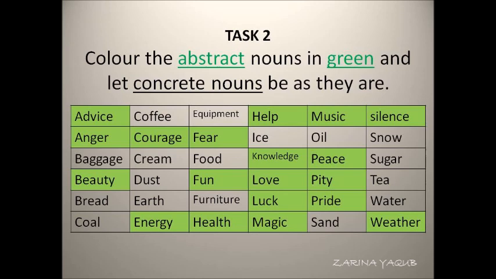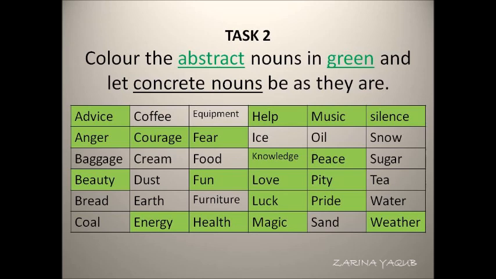Abstract nouns in this table are advice, anger, beauty, courage, energy, fear, fun, health, help, knowledge, love, luck, magic, music, peace, pity, pride, silence, and weather.